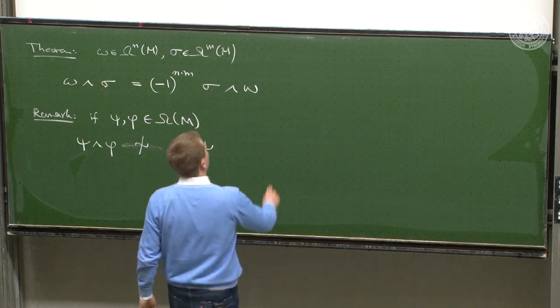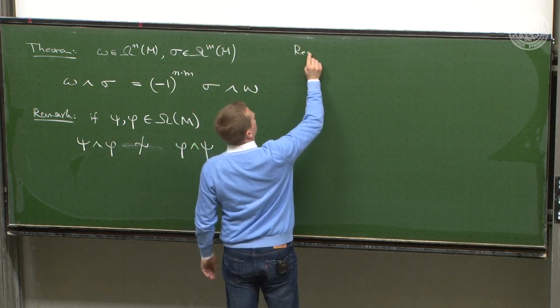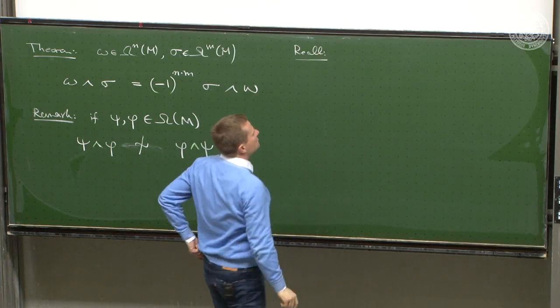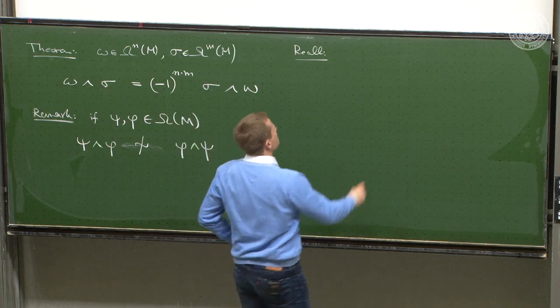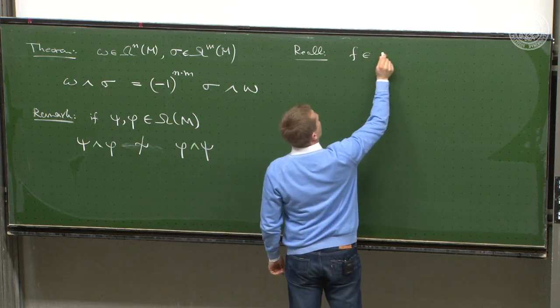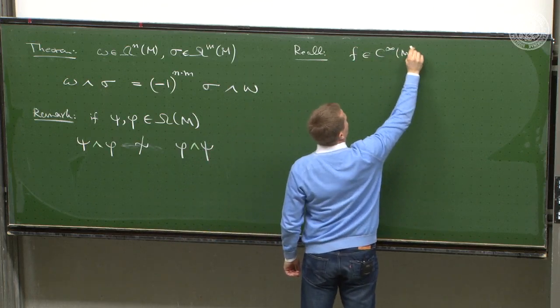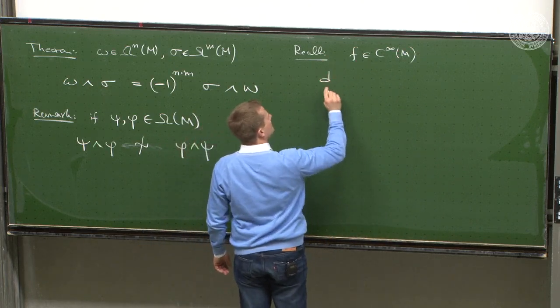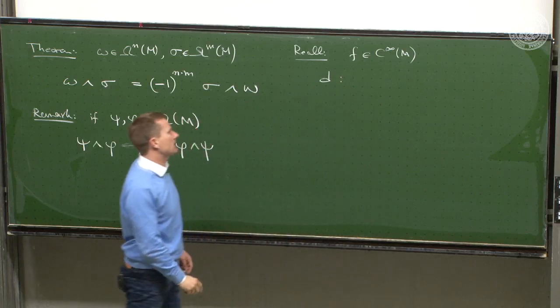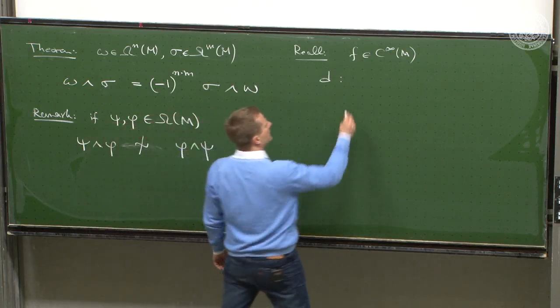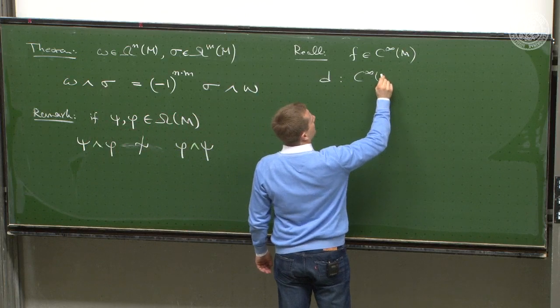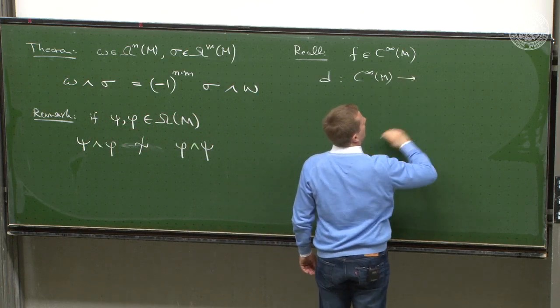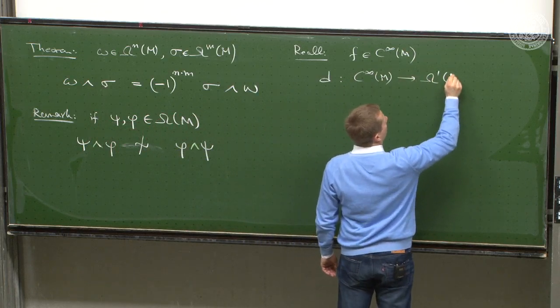We first recall that we had this gradient at a point. If we had a smooth function f, we could define this gradient operator, not at a particular point, but on any function, and what it yields is a one-form.